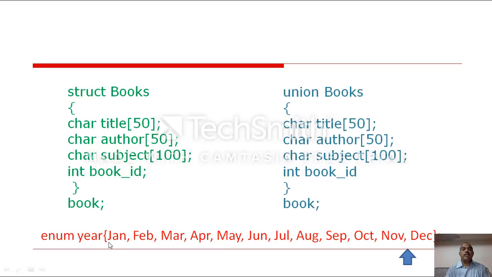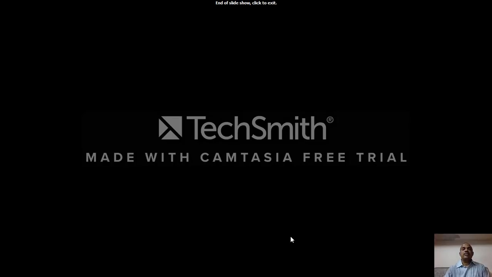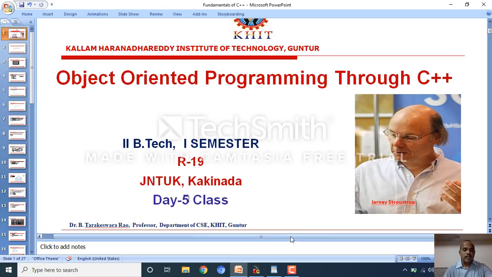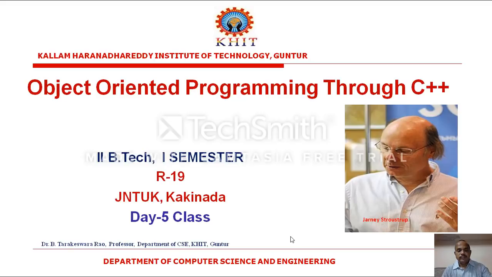Indexing starts with 0 and ends with n minus 1. Here 12 minus 1 equals 11. December's index value equals 11. Simply this is 0, 1, 2, 3, 4, 5, 6. So the enumeration data type assigns index values. Clear all of you?